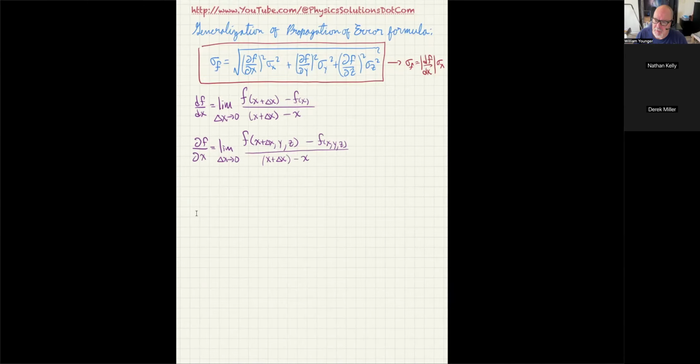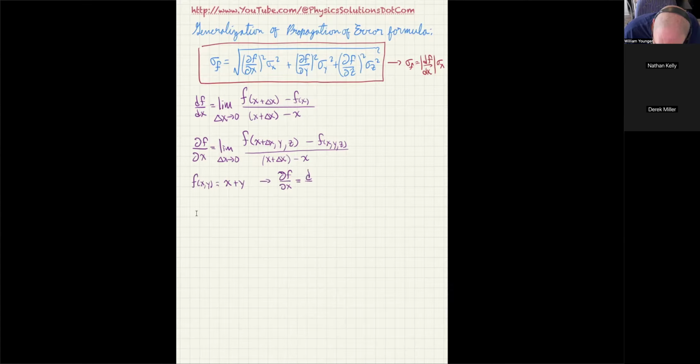So let me show you a couple of examples just to make sure you guys know what a partial derivative is and how to calculate it. So if we say f of x, y is equal to x plus y, then we can say the partial derivative of f with respect to x is equal to the derivative.